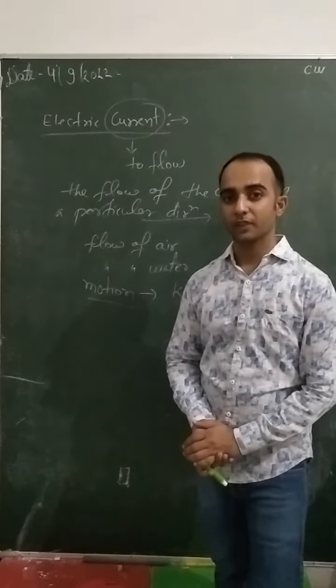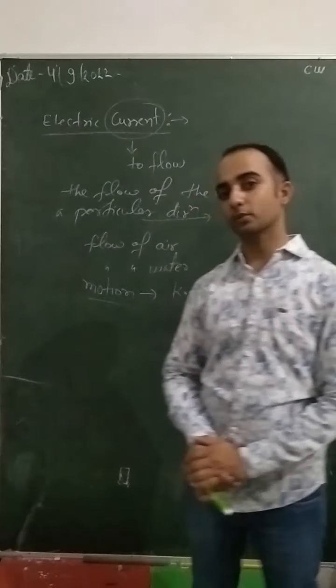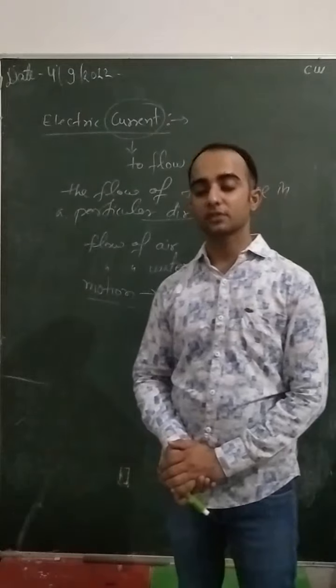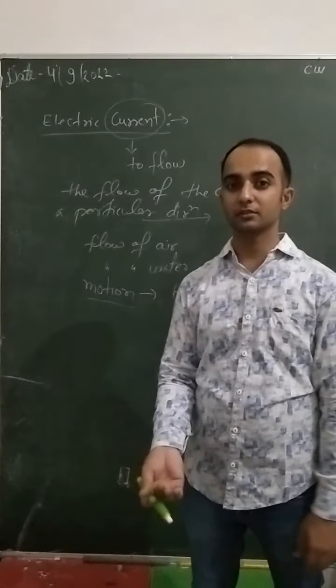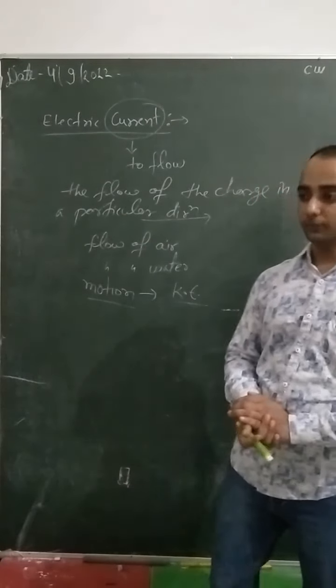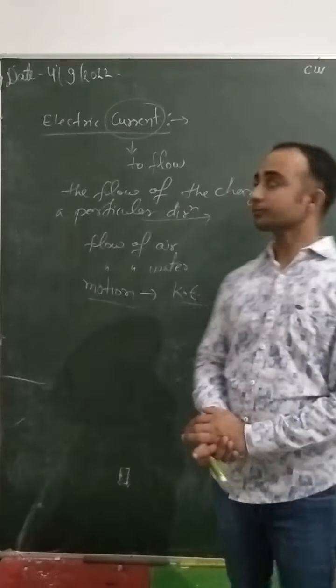For example, our earth is continuously in motion. It is rotating about its own axis as well as about the sun. So it has kinetic energy, that is rotational kinetic energy. Any kind of motion possesses kinetic energy, and if an object is at rest, that kinetic energy becomes zero.